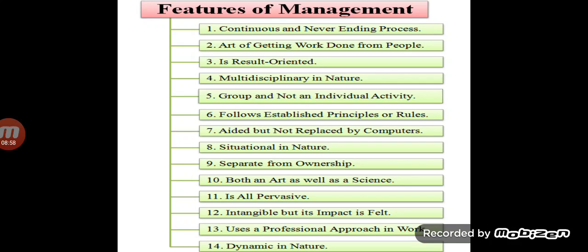As long as the organization exists, management will also exist with it.